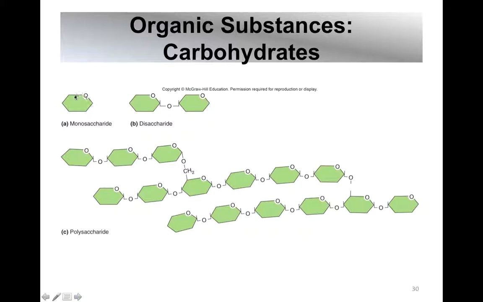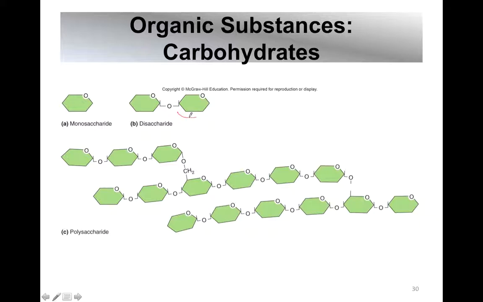So monosaccharides are single sugars, and this is a ring structure for glucose. And disaccharides are two sugars, two monosaccharides put together. And the bonds here, those bonds are called glycosidic linkages.